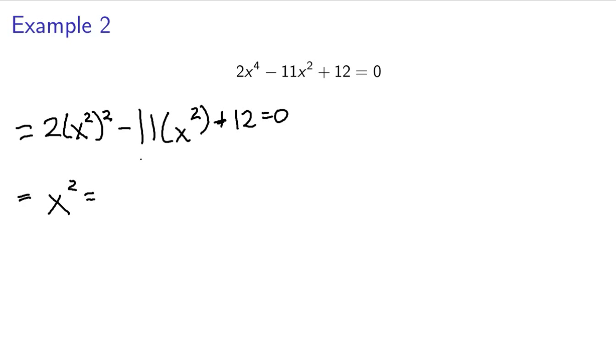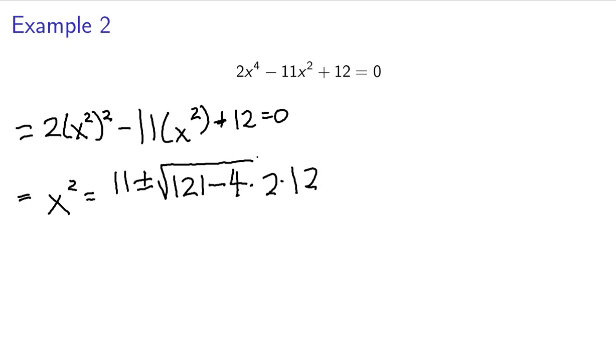X squared equals negative 11 plus or minus square root. B squared is going to be 121, because negative 11 squared is 121, minus 4 times 2 times 12, over 2 times 2.